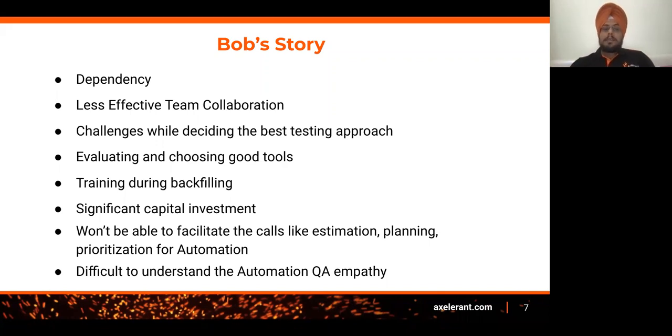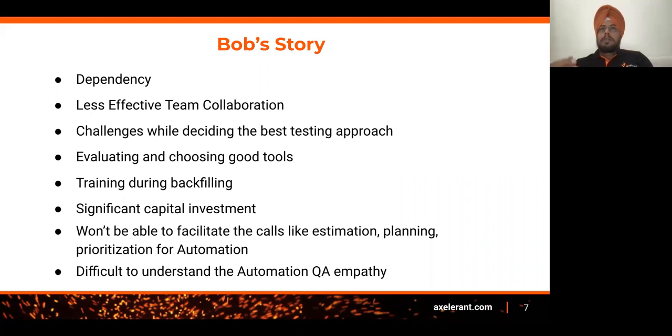The second point is less effective team collaboration. Collaboration is a challenge for any product development group: the developers, the test automation engineers, the technical architects. That is the kind of group where these things are managed. The problem is more acute from a technical point of view.